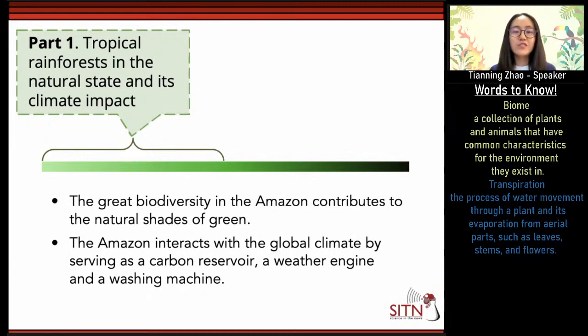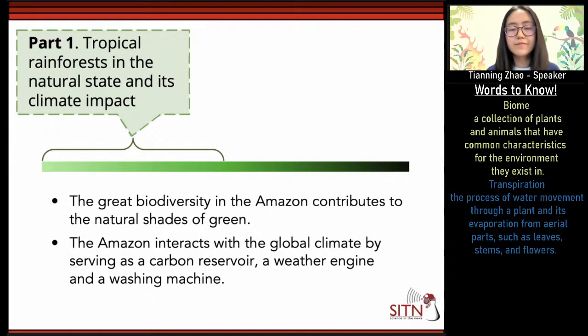From the dead trees, they would go back to the soil, and that's part of the carbon that contributes to the carbon reservoir in the soil, but also other things, like microbes and the dead trees that lived maybe millions of years ago, would contribute to the carbon reservoir in the soil as well.